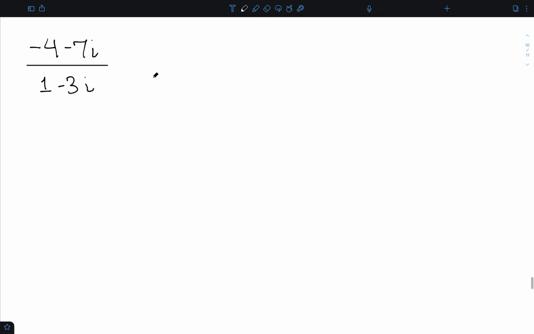Let's look at one slightly more complicated. -4 minus 7i over 1 minus 3i. So we always move to the denominator and take its conjugate. The conjugate of 1 minus 3i would be 1 plus 3i. And then we multiply both the numerator and denominator by this.